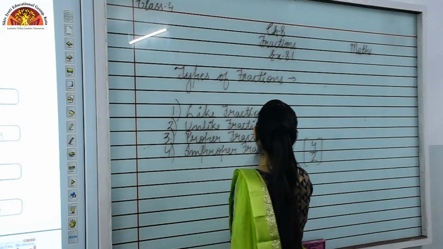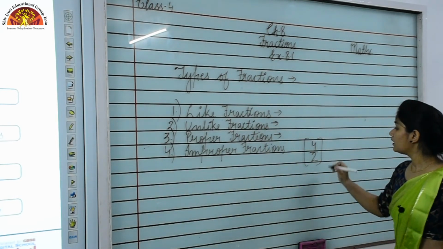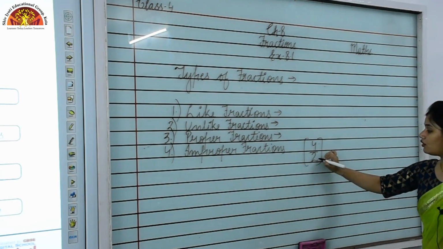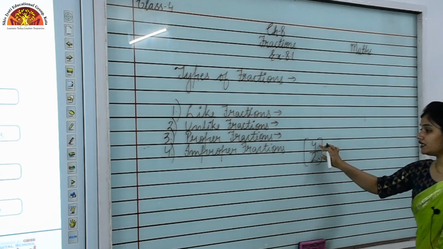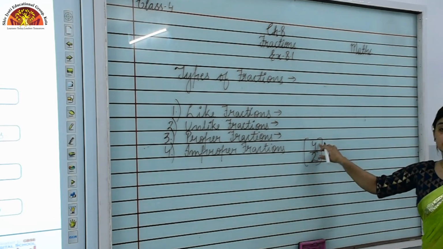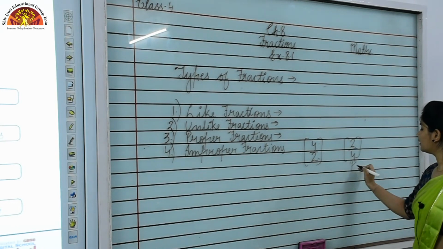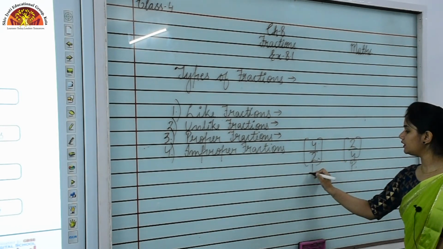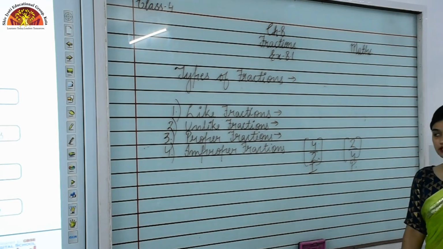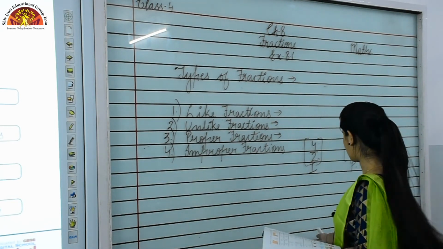If the denominator is smaller than the numerator, the fraction will be improper, and if the numerator is smaller than the denominator, this will be a proper fraction. Is it clear, students? Improper fraction we have done.